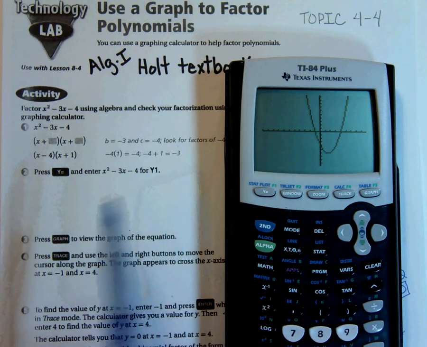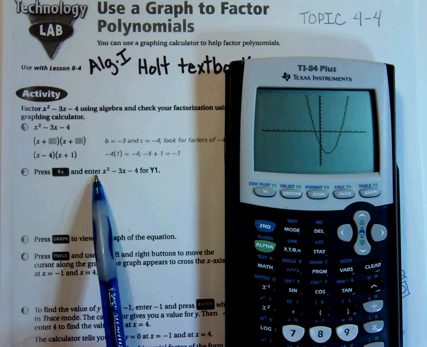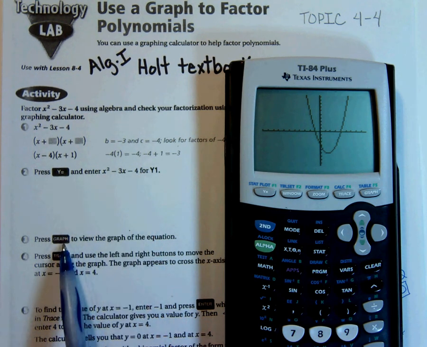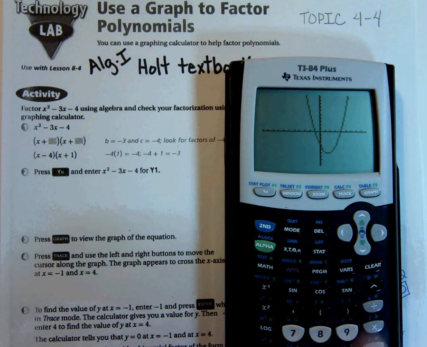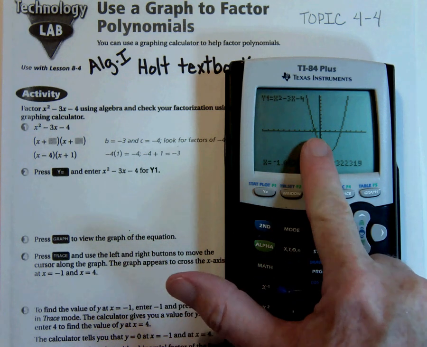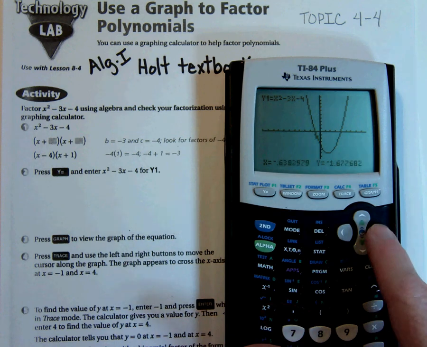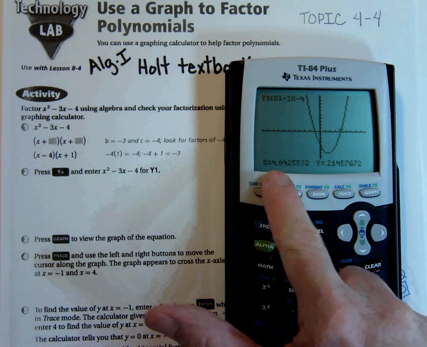So if you follow these steps in your packet, it will show you that by entering this in and pressing graph, you can trace using the left and right buttons. When you hit trace, you're going to see a flashing cursor, and you can follow it along the parabola, and it'll be fairly close, showing you exactly where those are.